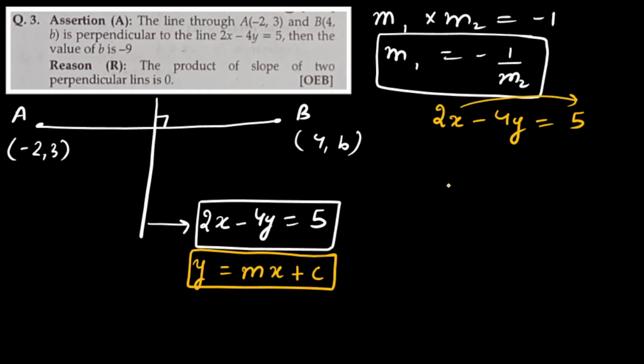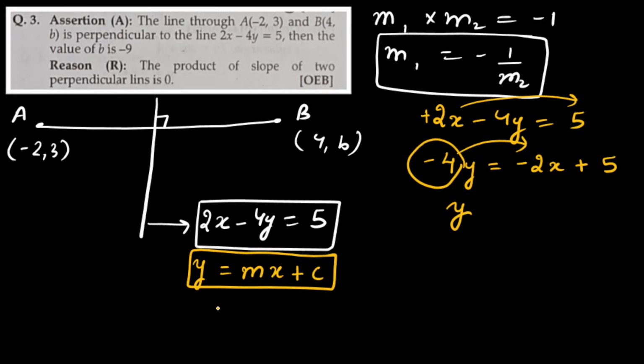First of all, let's shift 2x. This side I'll be left with minus 4y. 2x is positive, so if I shift it to the other side, it will become negative 2x plus 5. Now minus 4 also I have to shift, because only y I need. When we shift minus 4 to the other side, it will get divided, because here it's getting multiplied.